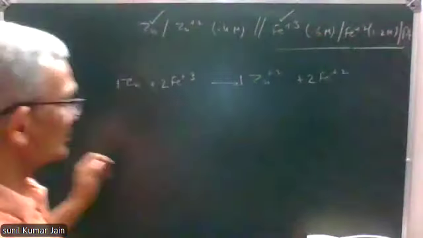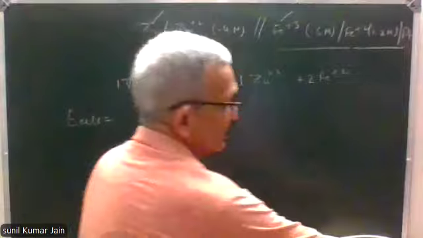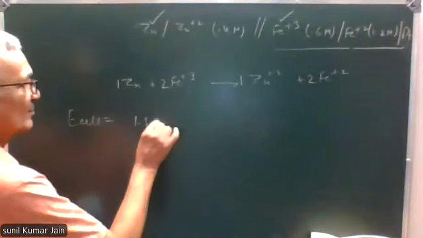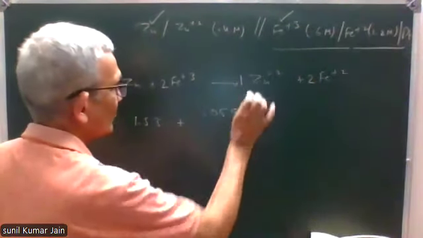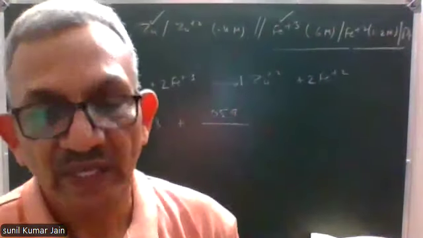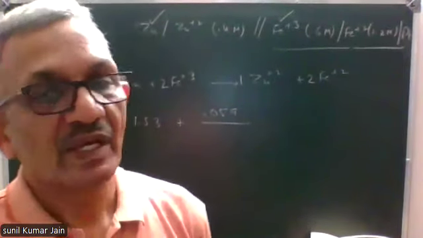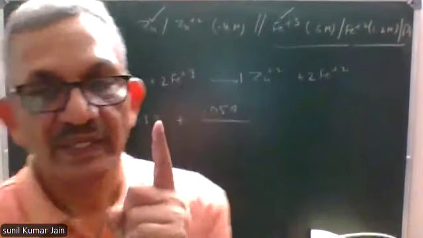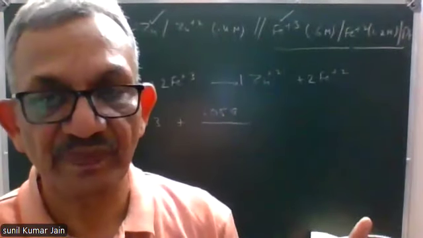Now we'll use the Nernst equation. E cell is equal to E naught cell, which is directly given, 1.53, plus 0.0592 over n. Now listen to the value of n very carefully. Although I told you in the previous numerical also, number of electrons, you should cross check with both the reactants.